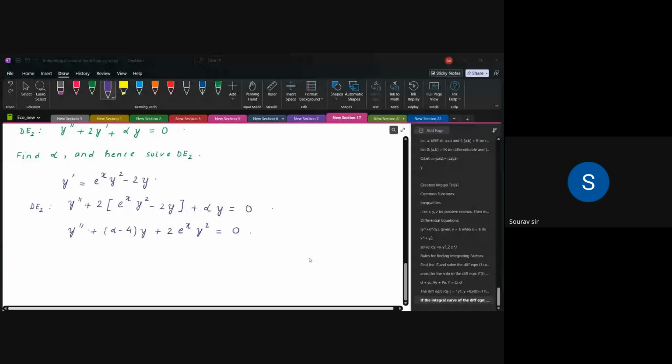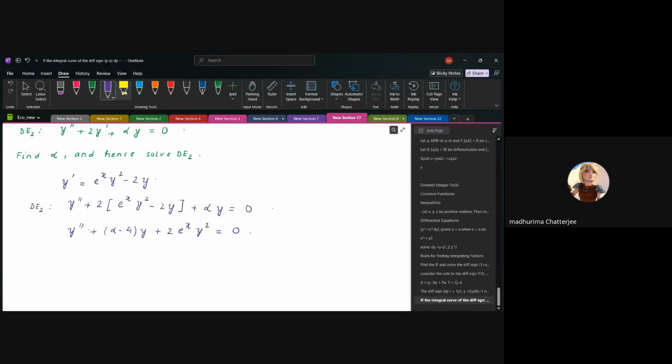Yes, true. But if you are proceeding in this way, when you are substituting the y dash from the first equation in the second, you are getting a differential equation, right? Either you can solve it or find alpha. One equation cannot give two things, right? Correct. Because you are not given any additional information about the solution, that would be difficult.